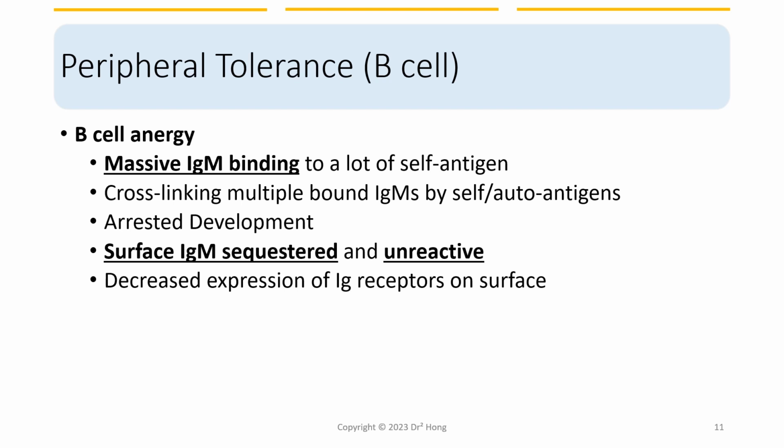This excessive binding to self-antigen sends an alarm and causes cell cycle arrest and stops the development. Afterward, surface IgM receptors are sequestered or internalized in internal cellular compartments where they cannot reach and react to antigens on the cell surface. This leads to decreased expression of Ig receptor on its surface.